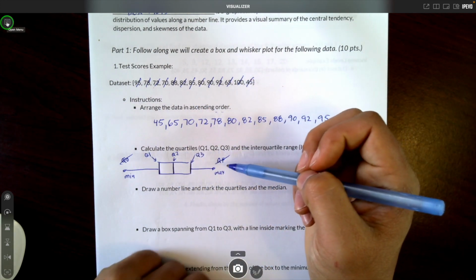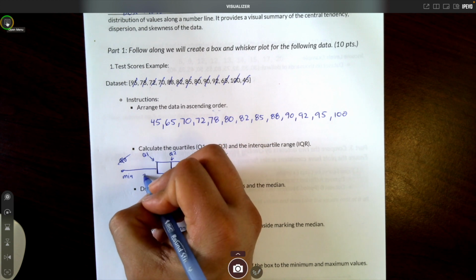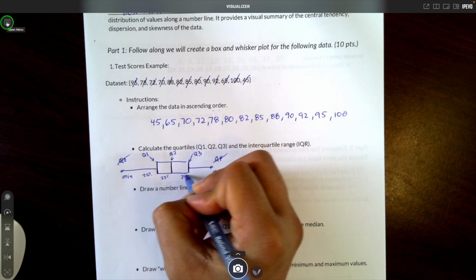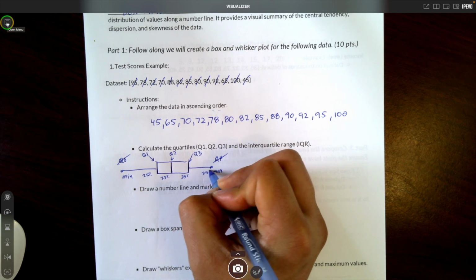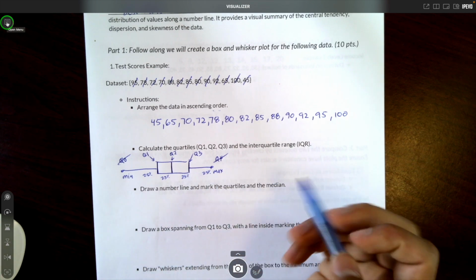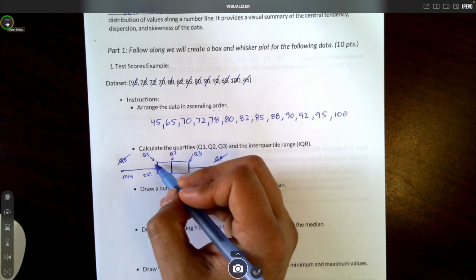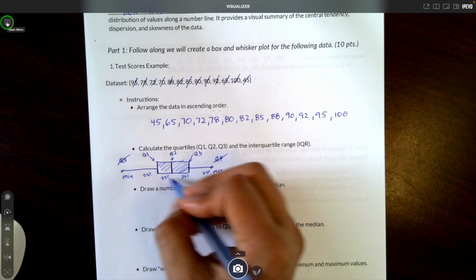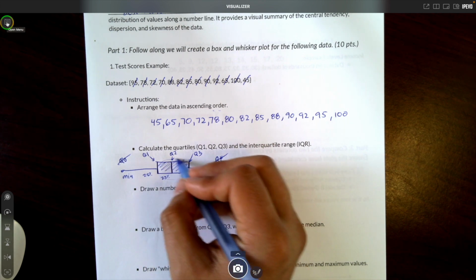And essentially, each of these is 25% of the data. So this is 25%, this is 25%, this is 25%, and this is 25%. This is why they call them Qs for quarters. So quarter 1, quarter 2, quarter 3, quarter 4. And this area is important because that's where 50% of the data is, 25 plus 25, and that's where all the center is.